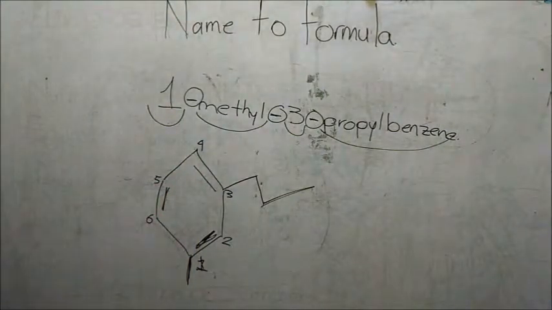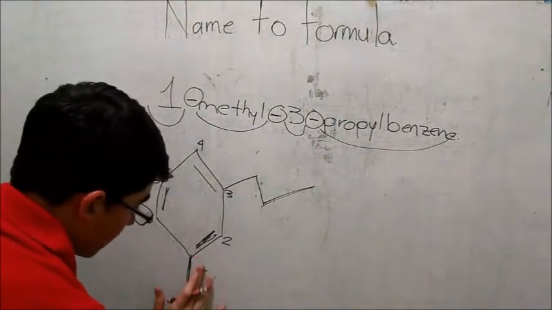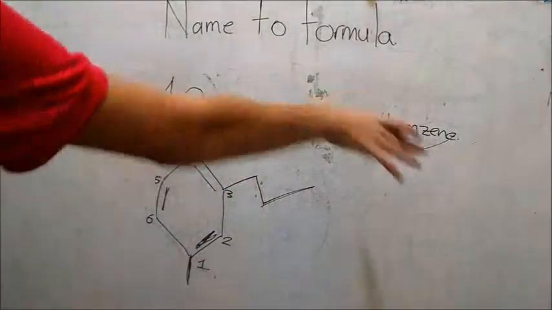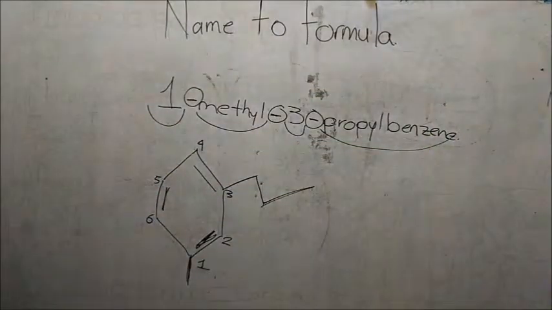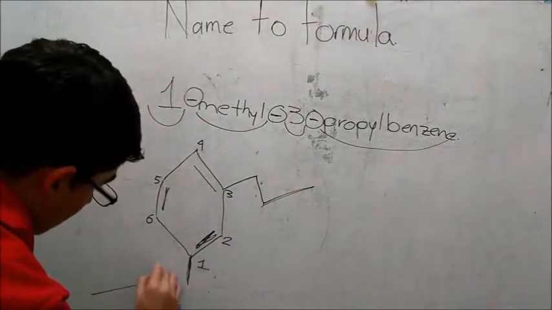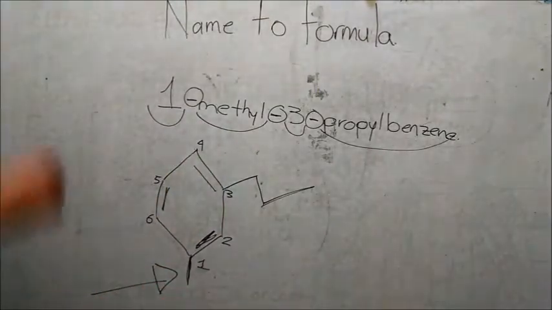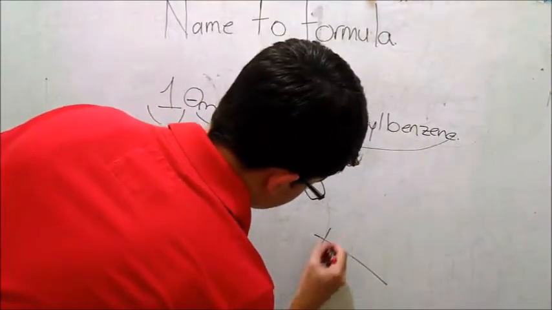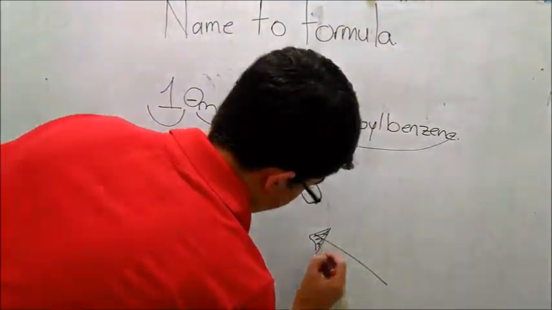As you can see, we have already the numbers, and checking the name and the formula, it is correct. So we have the 1 methyl over here, and then the 3 propylbenzene over here.